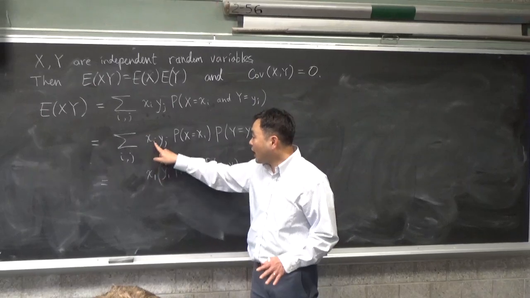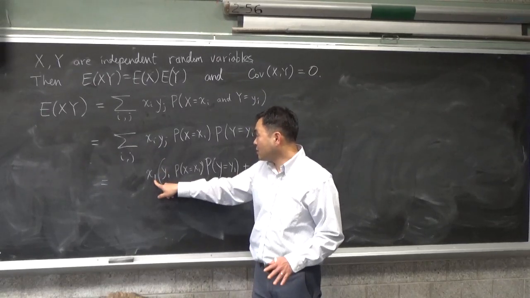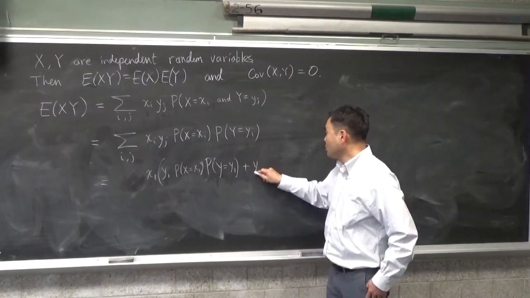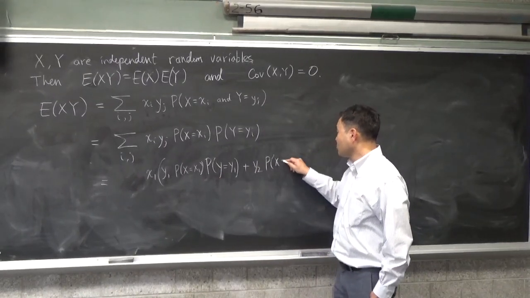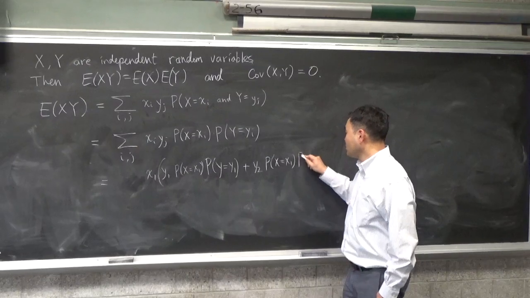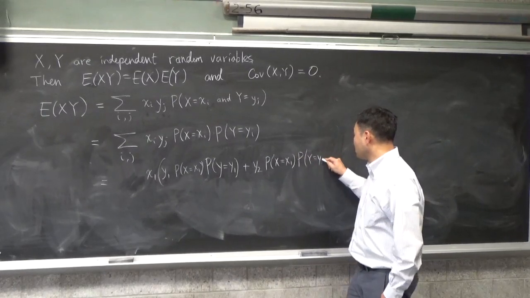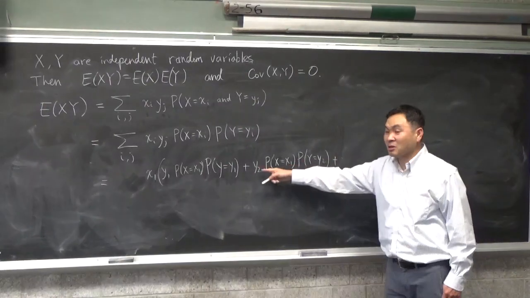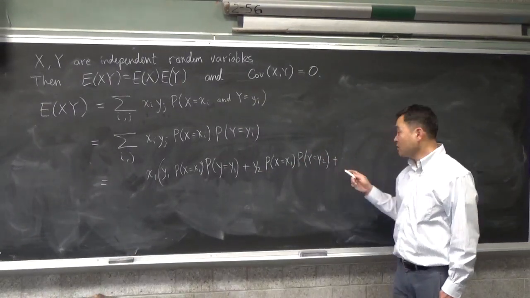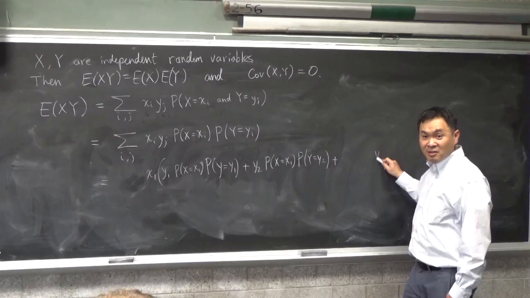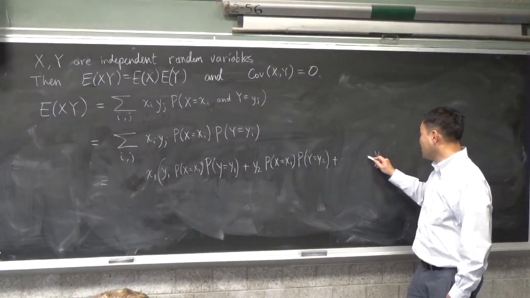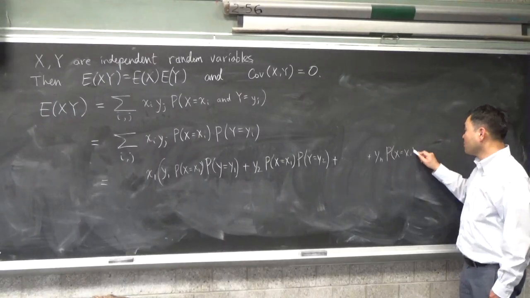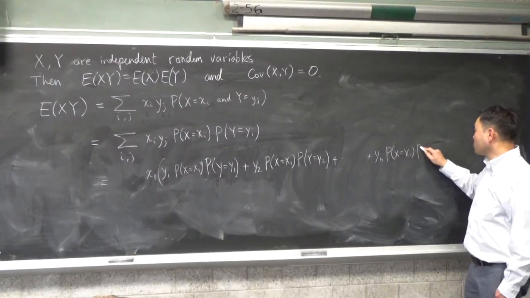First, when i is 1, you get y1 and then y2: P(X = x1) times P(Y = y2) plus the next one will be y3, y4, wherever it ends. It ends at some number, yn: P(X = x1), P(Y = y1).